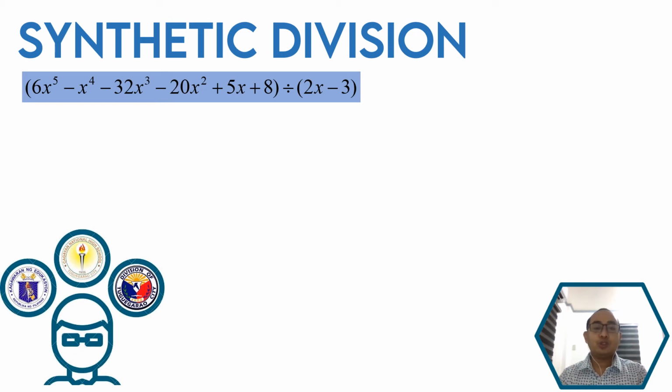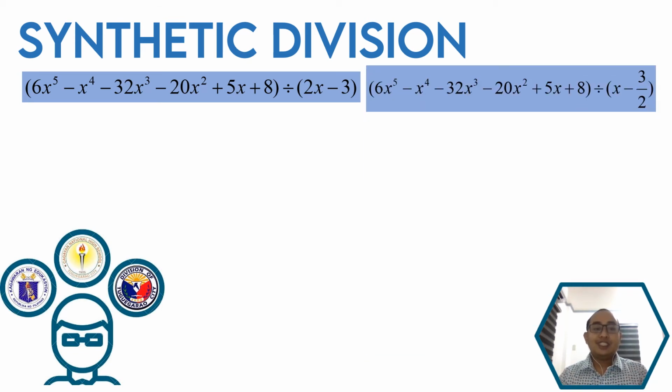So we first have to translate 2x minus 3 into the form x minus c by dividing every term of our divisor by 2. Hence, it now becomes 6x to the fifth minus x to the fourth minus 32x cubed minus 20x squared plus 5x plus 8 divided by x minus 3 over 2.